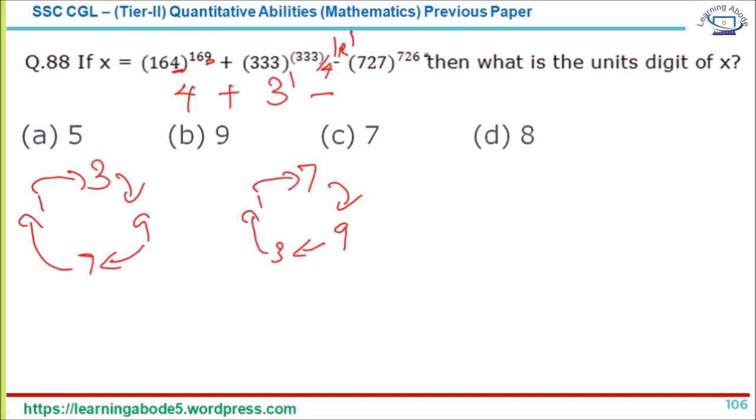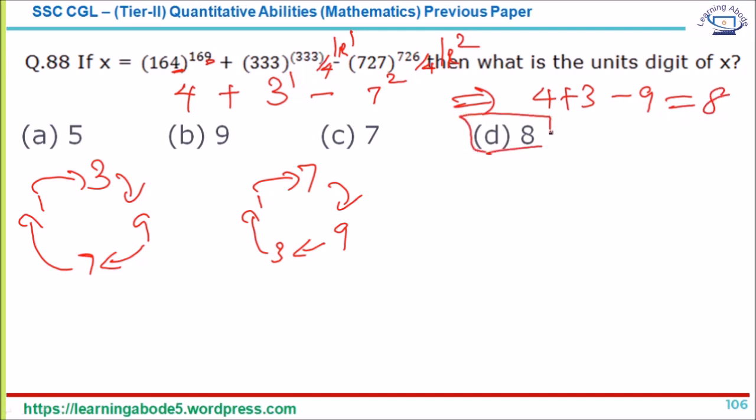Divide by 4, what is the remainder? 2 is the remainder, so 7 square is 9. So finally it is 4 plus 3 is 7, minus 9, the outcome will end with 8. That's answer option D for question number 88.